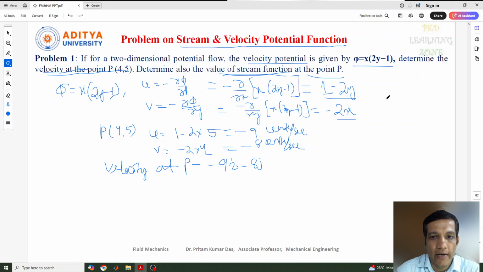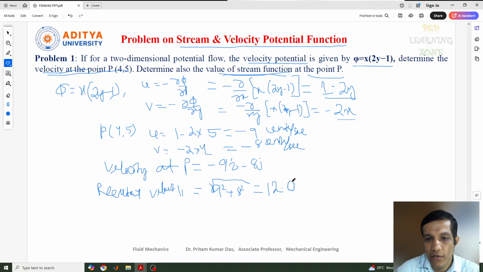And if you want to find the resultant velocity at P, we take the square root of x squared plus y squared, so the square root of 9 squared plus 8 squared, which is 81 plus 64, nearly 145, so about 12 point something units per second. So this is the first one, the velocity potential function.